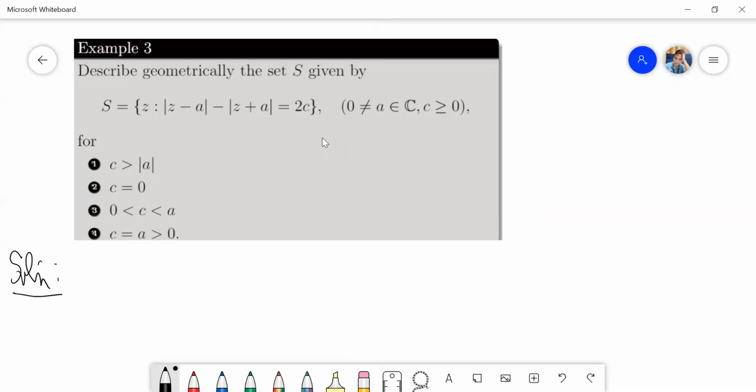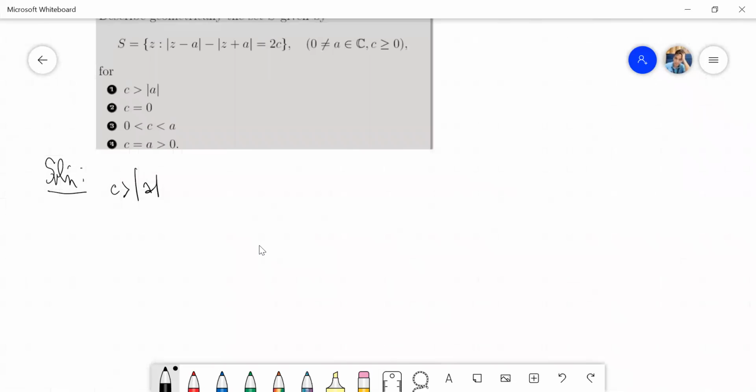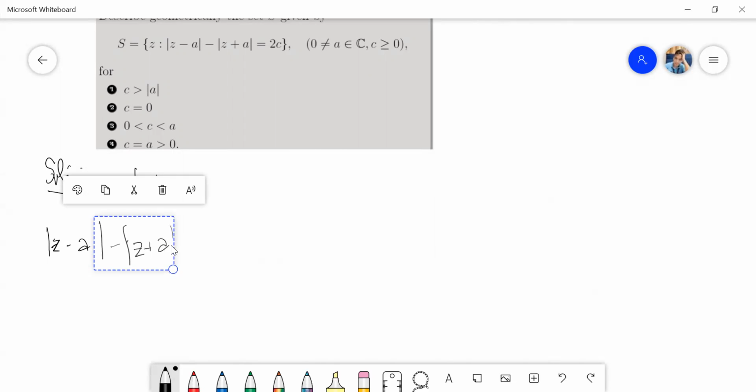C is greater than the modulo of A. Now, observe that the modulo of Z minus A minus the modulo of Z plus A, remember, this is equal to 2C.